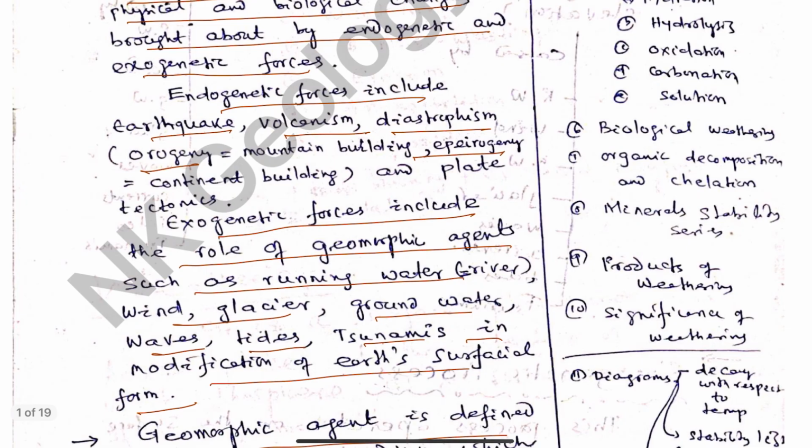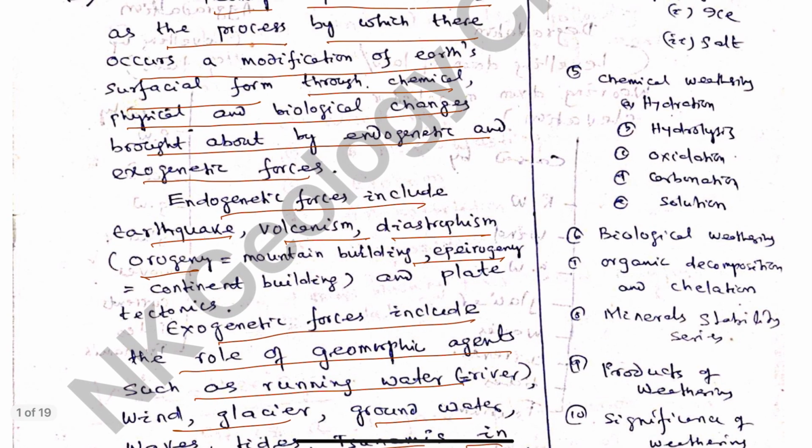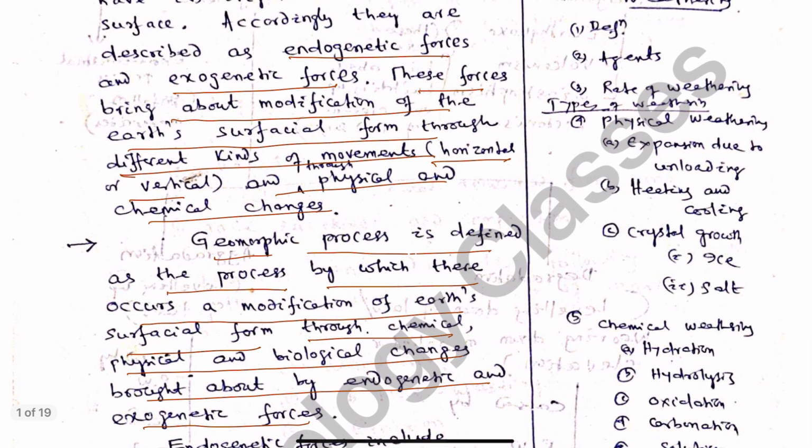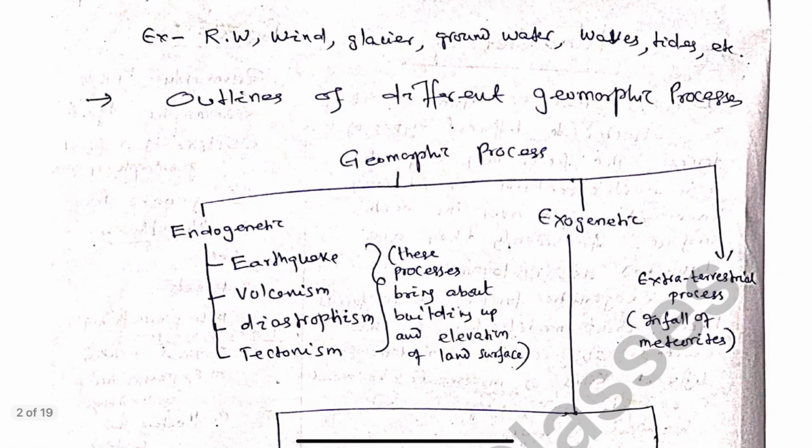The land surface is either lowered down or elevated up. Running water, wind, glacier, groundwater, waves, tides and tsunamis are the agents of denudation. They bring about the geomorphic processes or exogenetic processes, and by those processes they modify the Earth's surfacial form.